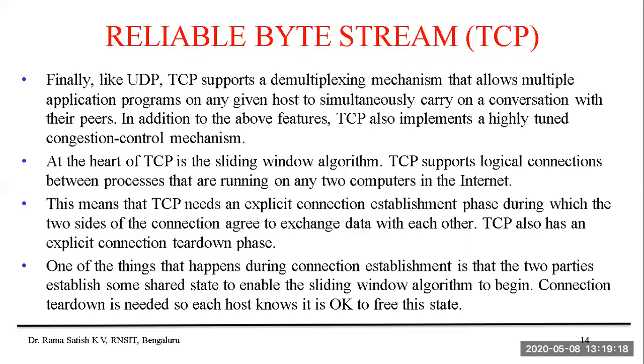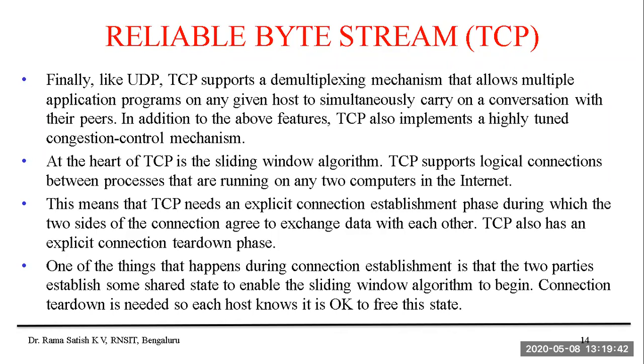Of course, one of the things that happens during connection establishment is that the two parties establish some shared state to enable the sliding window algorithm to begin, and connection teardown is needed so each host knows that it is okay to free this state.